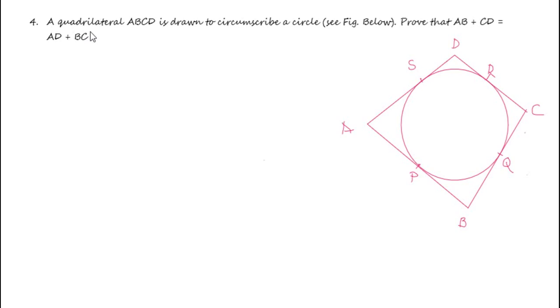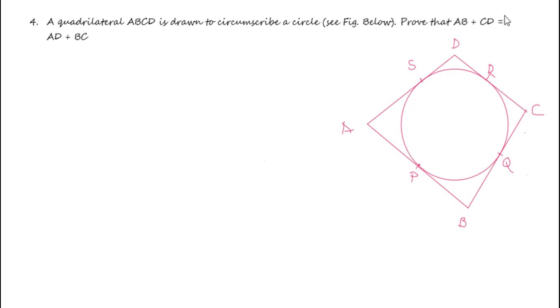Fourth problem, a quadrilateral ABCD is drawn to circumscribe a circle. See the figure below. Prove that AB plus CD equals AD plus BC. That means the sum of the opposite sides are equal.